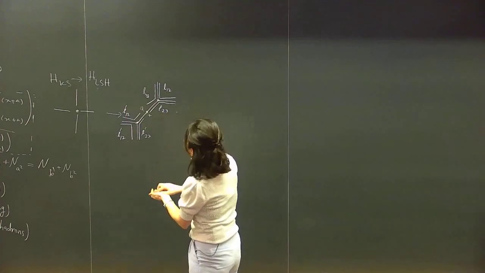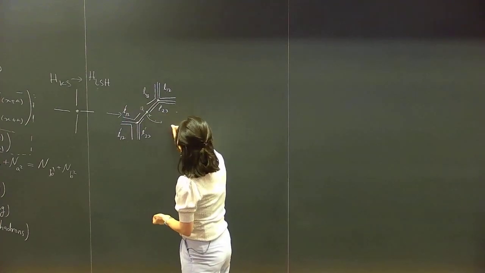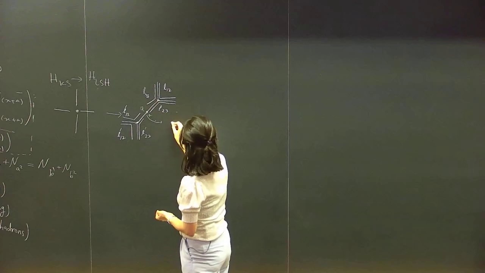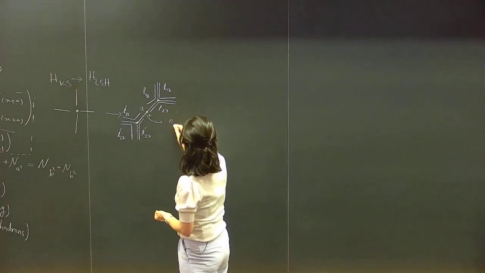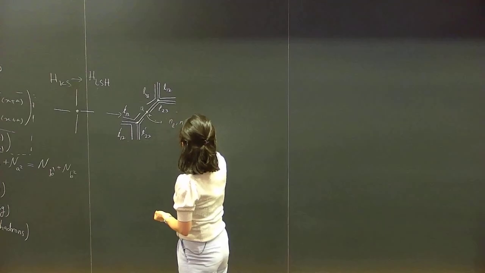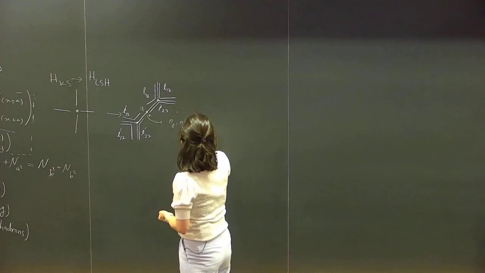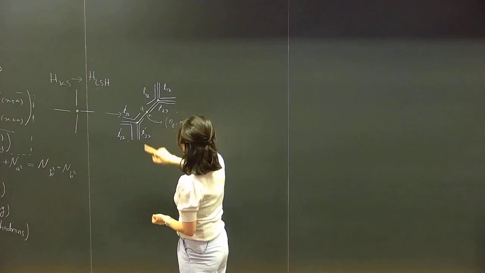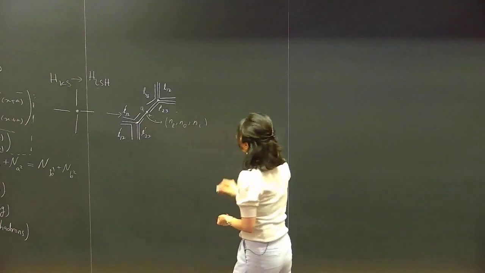And then there are obviously still the quantum numbers associated with the loops, strings, and hadrons. We call them N_L, N_open, N_O, and N_I, incoming and outgoing strings, either this side or that side.